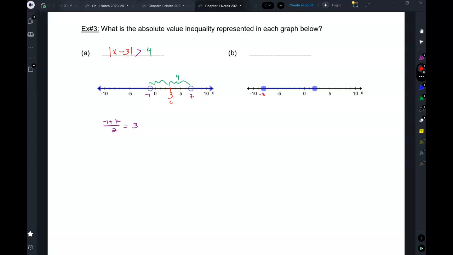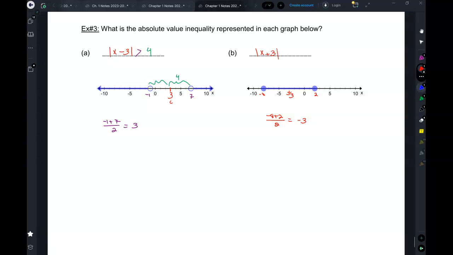Let's do negative 8. This is negative 8 and 2. So when I add, what is the midpoint here? Negative 3. So here I'm going to put x plus 3.